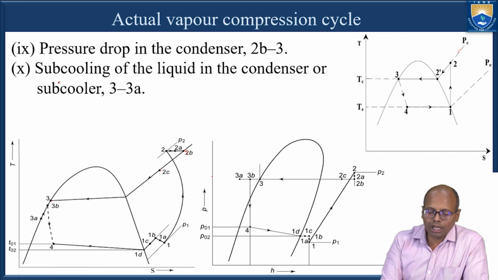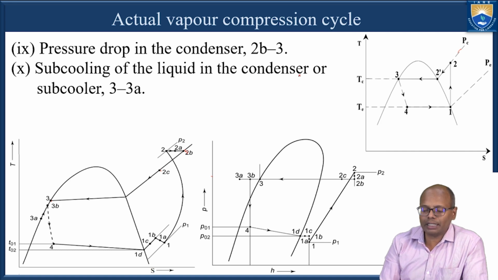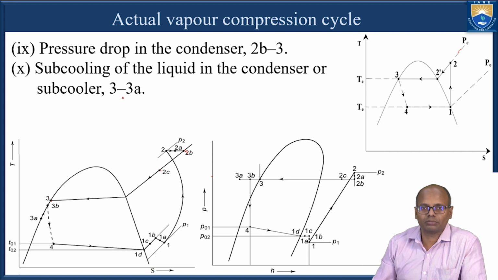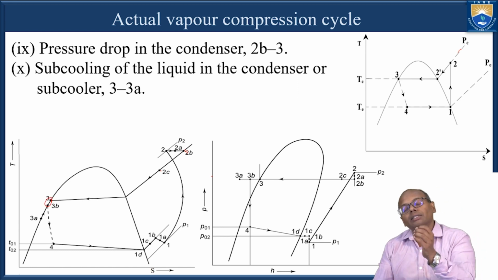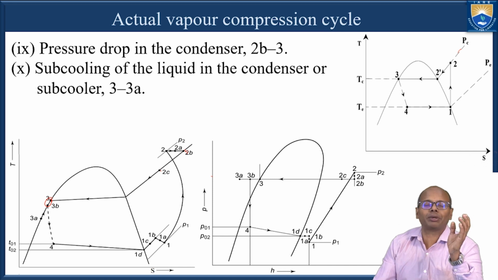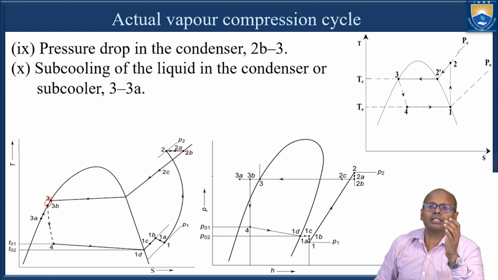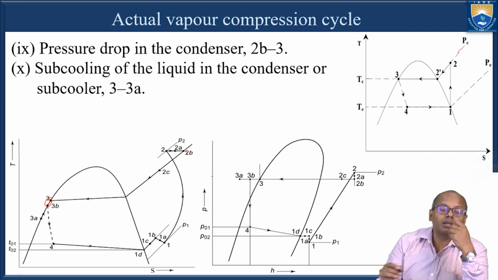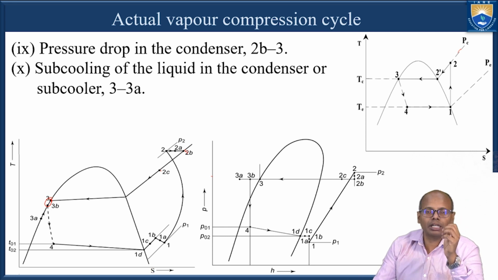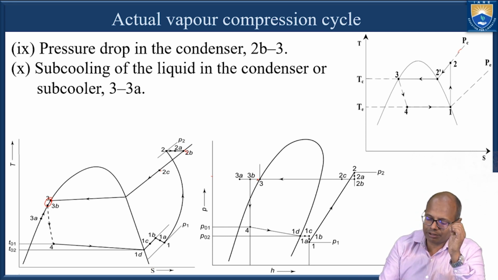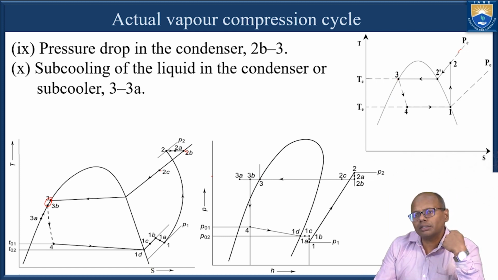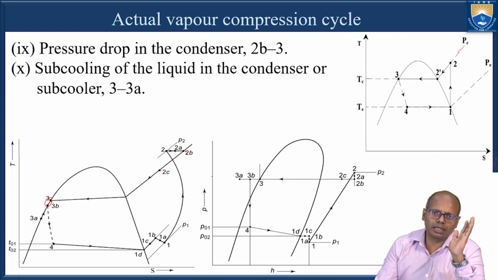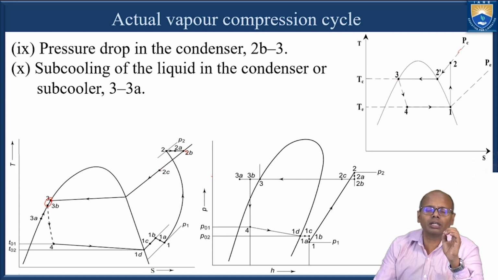Now what? Subcooling effect of liquid in the condenser or subcooler. Okay. So here, as the process is continuously happening, instead of giving a saturated liquid at point 3, there will be a temperature loss further inside the condenser, and that is called the subcooling of the liquid.